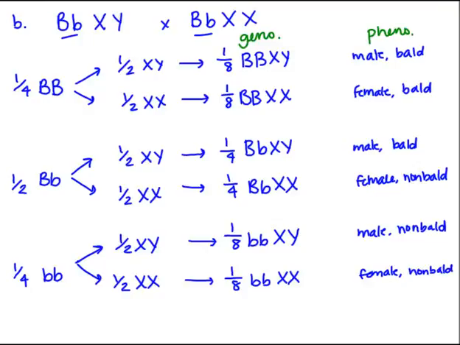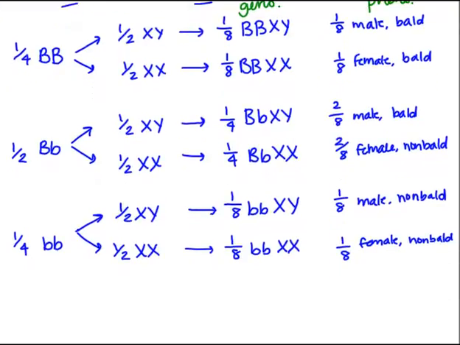Okay, so if you want to add all these up, let me just write the numbers next to here. So 1/4 again is just like 2/8, so it'll be easier to add. Okay, so let's say male, female. For male bald, you have 1/8 plus 2/8, so that's 3/8 bald and 1/8 non-bald.